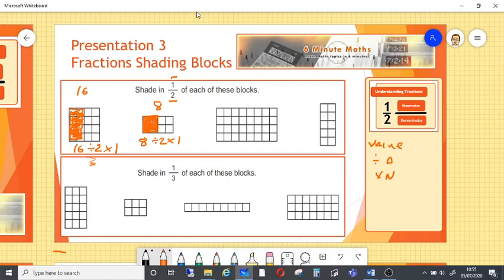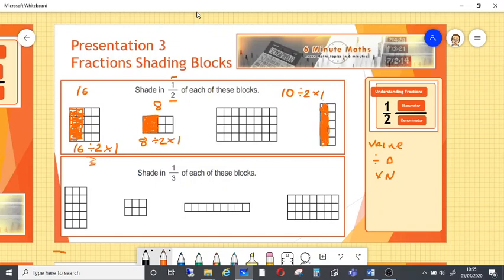Do one more. This one here, 2, 4, 6, 8, 10 blocks. So divided by the denominator, 10 divided by 2 times by 1 is 5. So we would just need to colour in 5. Just excuse my colouring in skills, they're not the best, but you can see where I'm going.